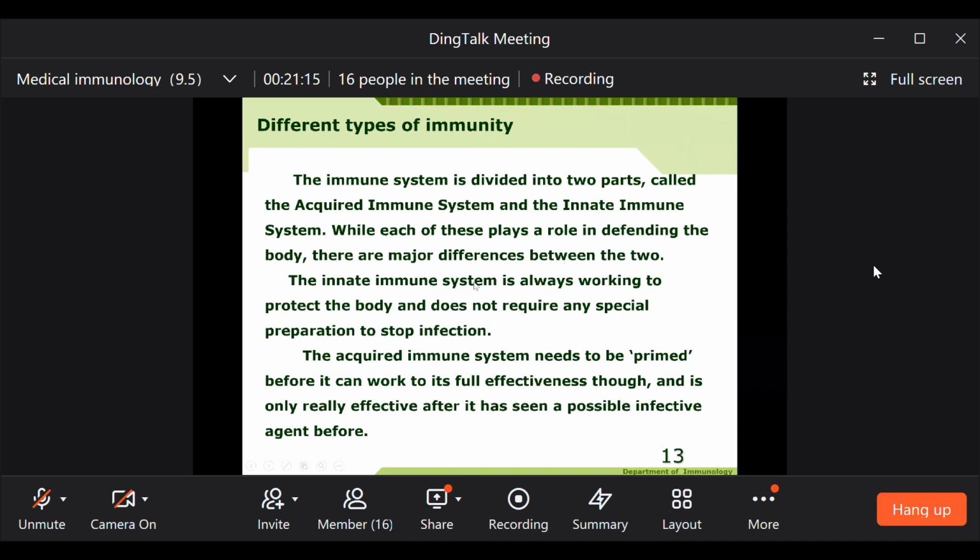The innate system always works to protect the body and does not require any special preparation to stop infection. And the acquired immune system needs to be primed before it can work to its full effectiveness. It is really effective after it has encountered the infectious agent before.